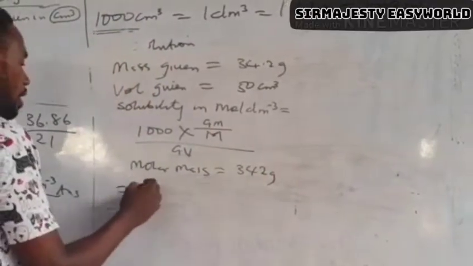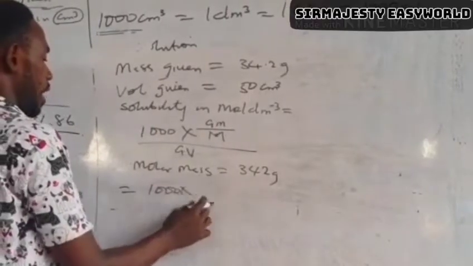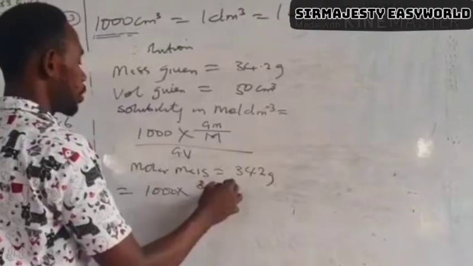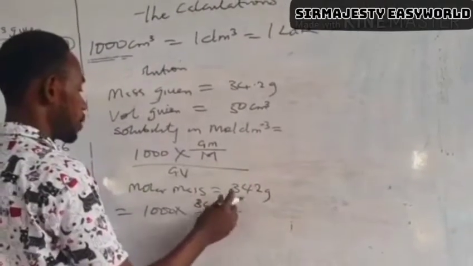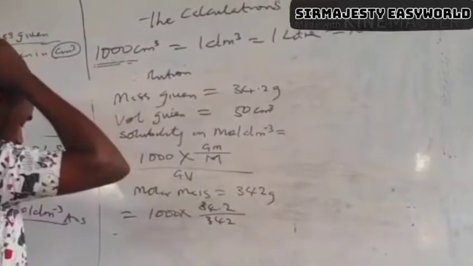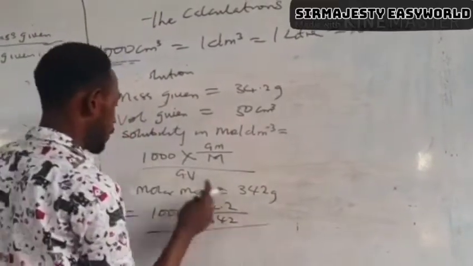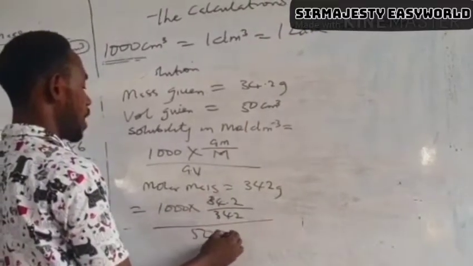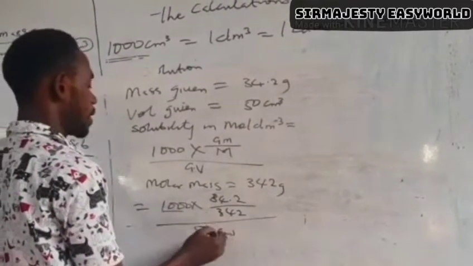So our answer will now be 1000 times the given mass, which is 34.2, divided by the molar mass, 342. Of course, we'll be getting something like 0.1 or so, then divided by the given volume. The volume given was 50 and is in cm cube. That's why we are working with 1000.